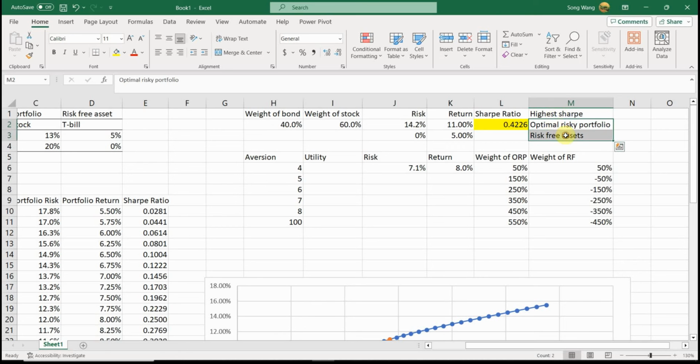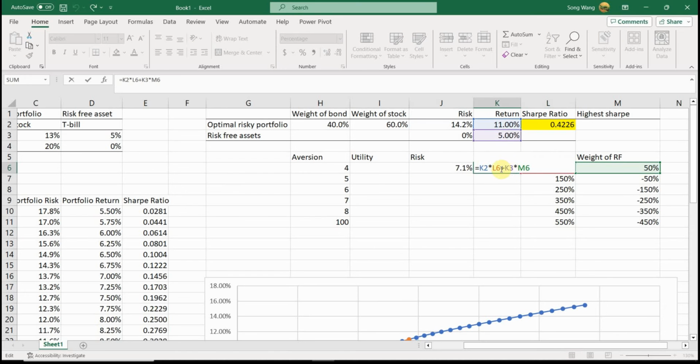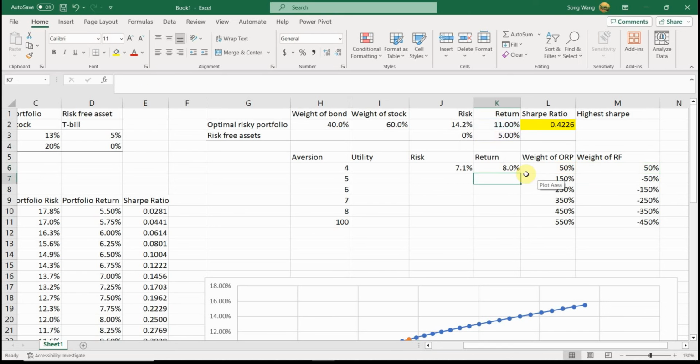So I can remove the name here, do a cut and paste. These are the names and these are the titles. Before I drag it down, I want to make sure the portfolio return and the risk-free return are locked. This is locked, this is locked as well, and then I just drag it down.